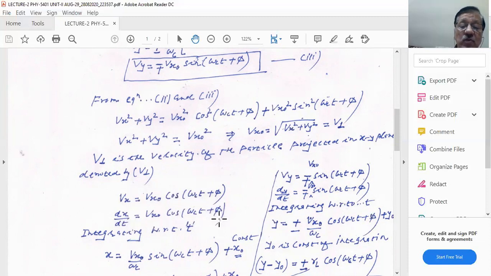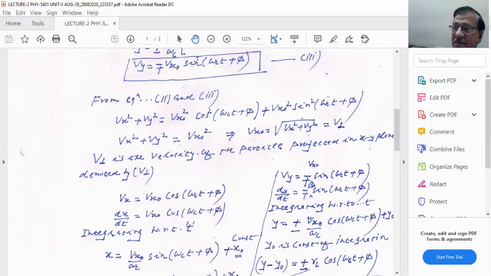This is known to you, and now you integrate both sides. So x equals Vx0, and the integration of cos is sine, giving 1 upon omega c. So Vx0 upon omega c sine of omega ct plus phi, plus a constant of integration x0.